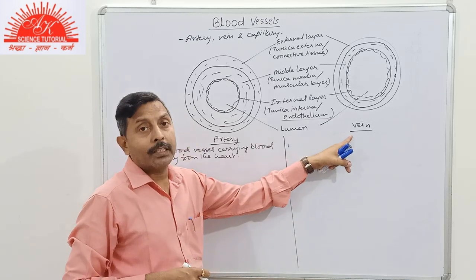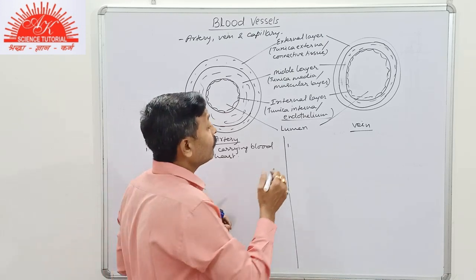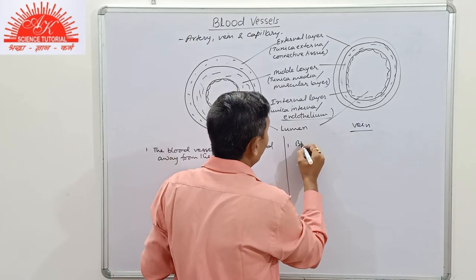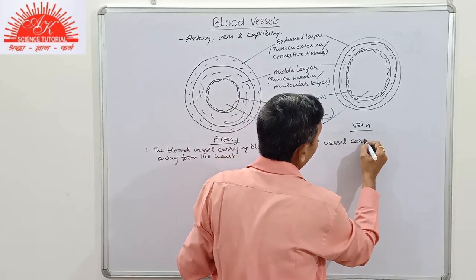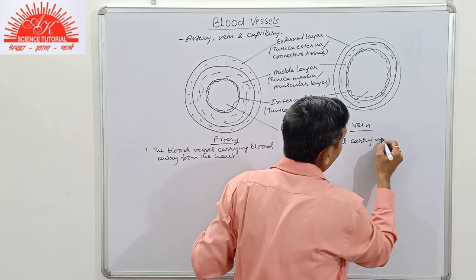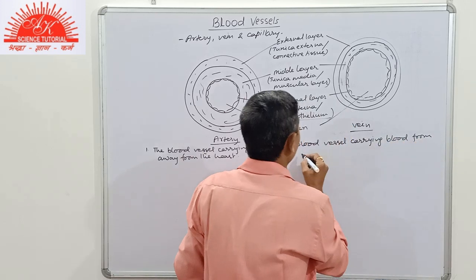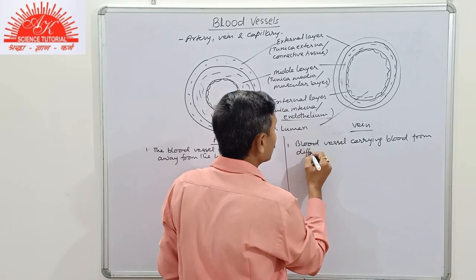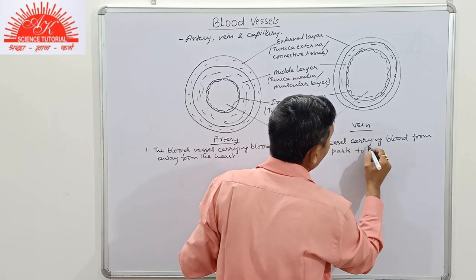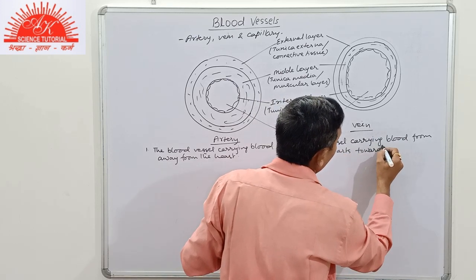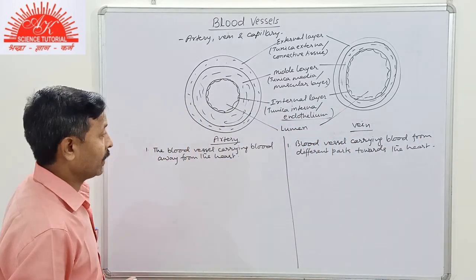Generally it carries deoxygenated blood, but there is an exception, the pulmonary vein, so we will not include this term, but write that it is a blood vessel carrying blood from different parts towards the heart. So this is about the definition.